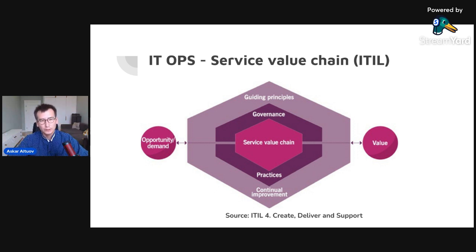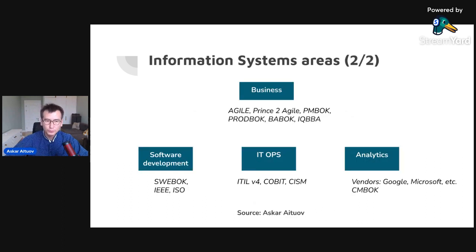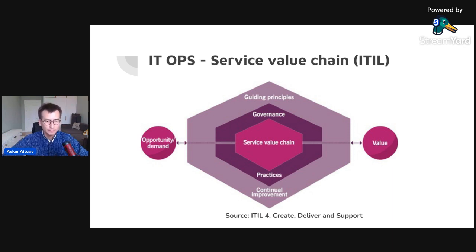ITIL is a standard for IT ops, because I mentioned we start to dive in from ops. It states there is always a business customer, because software is not built for software itself.